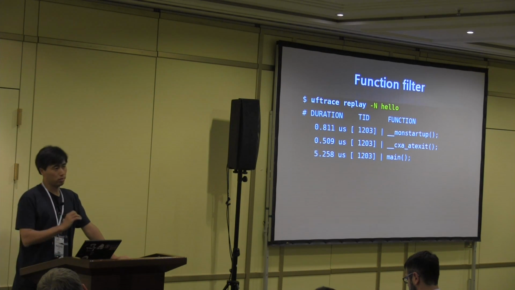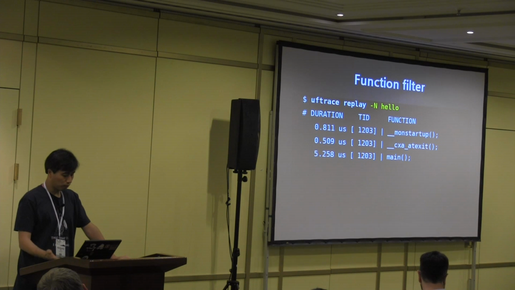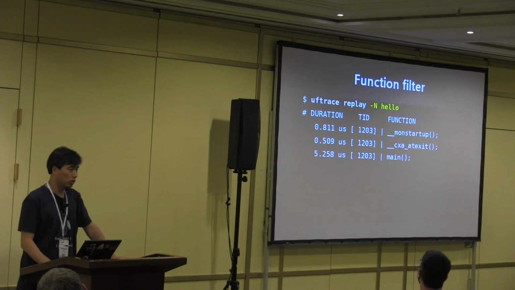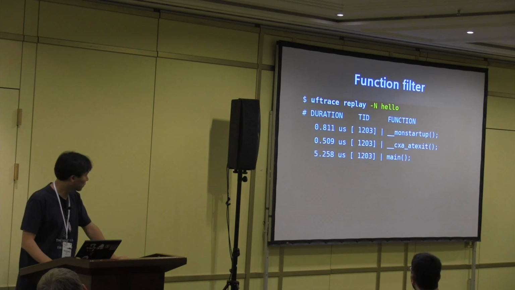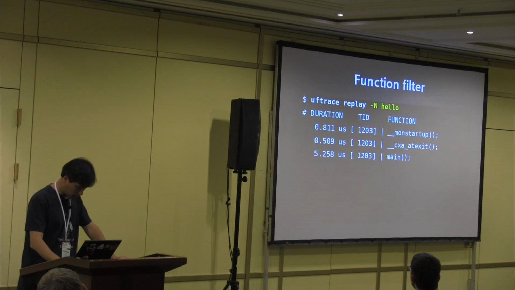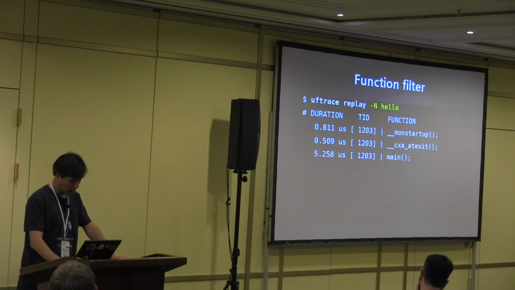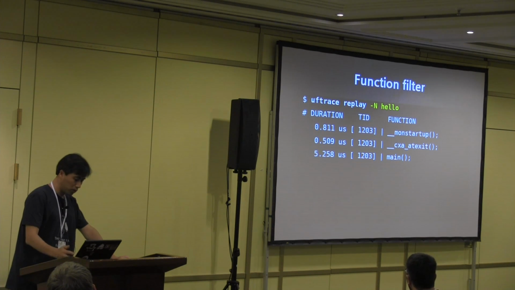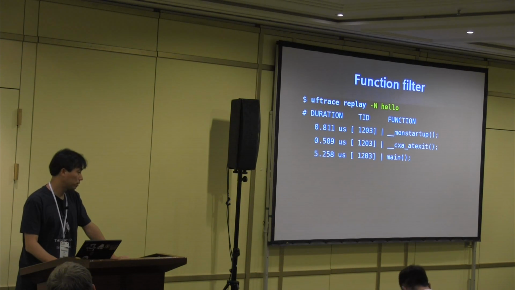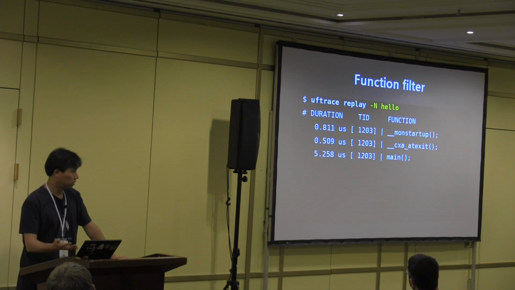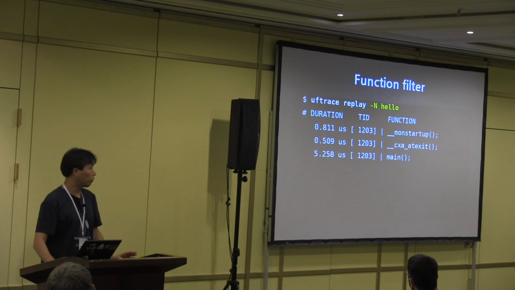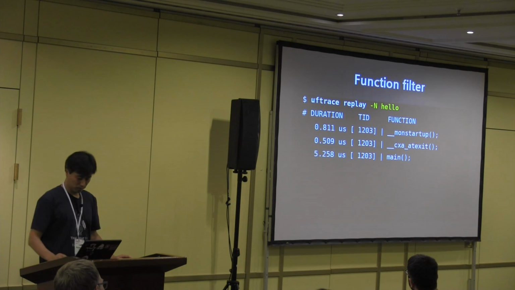So it will hide the given functions from functions called from that function. So in this case, I'll opt out the hello function, and then it will show the main function as a leaf function, since it sees no functions in the main.